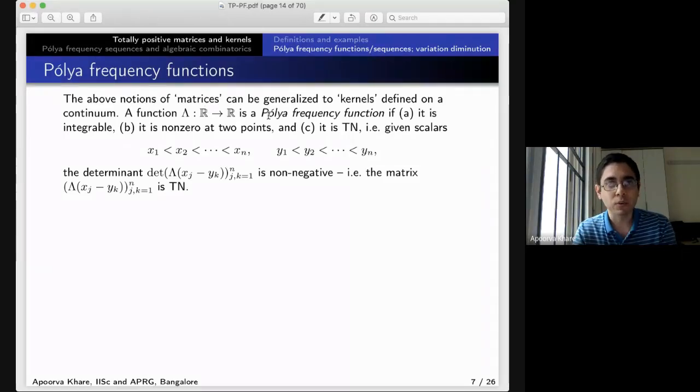A function from R to R is a Polya frequency function if it has three properties: it's integrable; it is not pathological, so it is non-zero at least at 2 points, and one can prove that if it's non-zero at 2 points, it is non-zero everywhere in between and strictly positive, so it's actually positive on an interval; and it is totally non-negative, meaning what we saw for the Gaussian: you have n increasing x's and n increasing y's, you form the n by n matrix lambda of xj minus yk, and that has non-negative determinant for every value of n. Therefore, it's the same as saying that each of these matrices is totally non-negative.